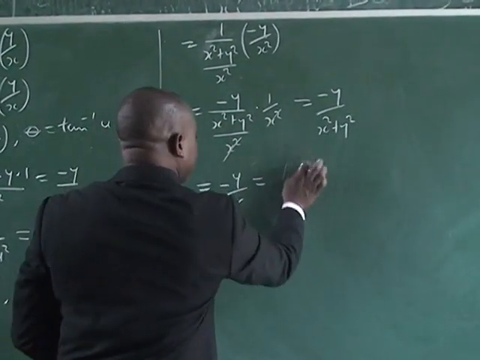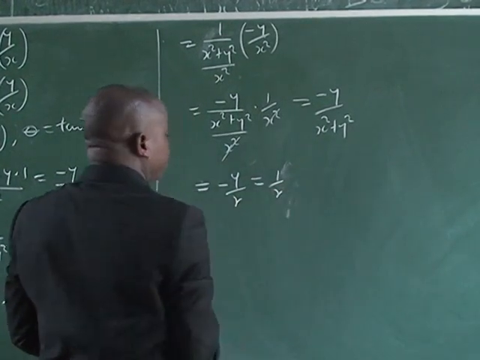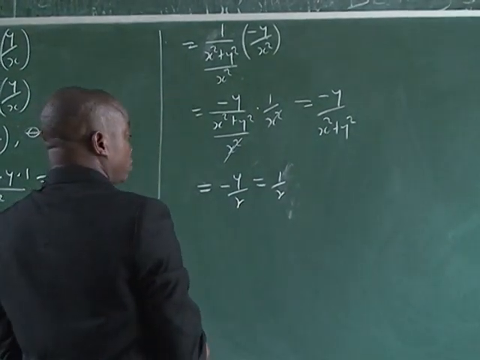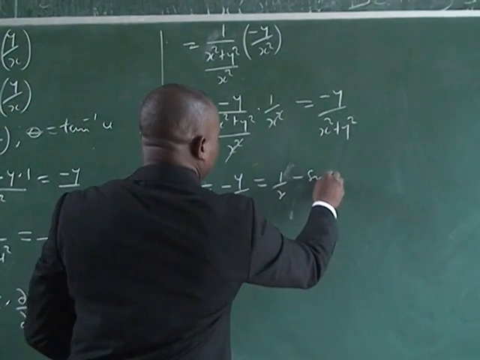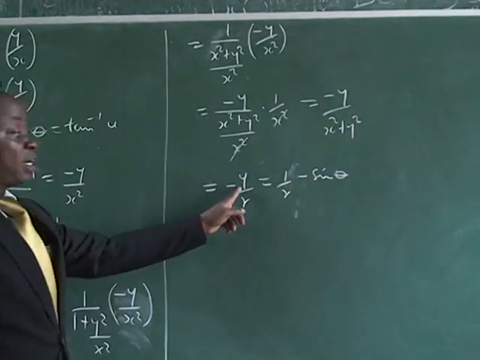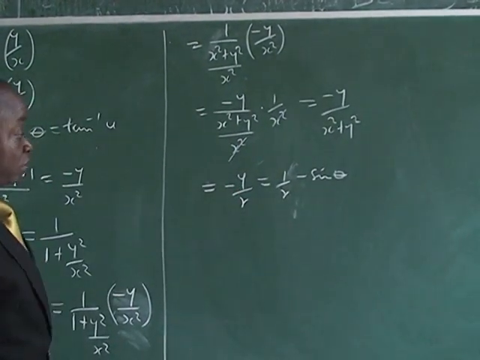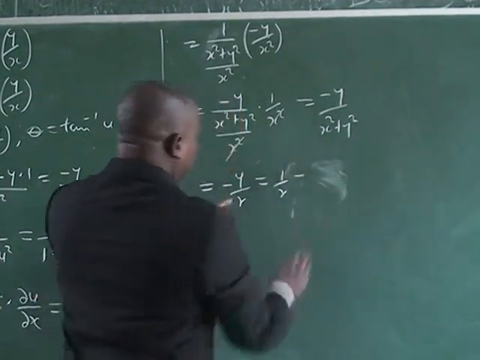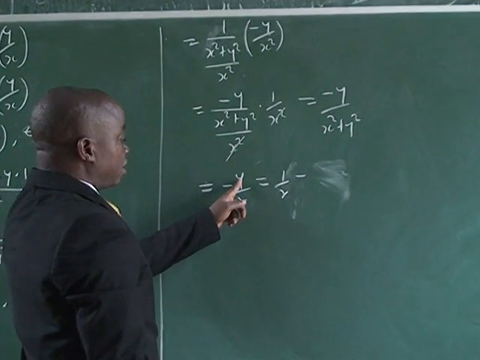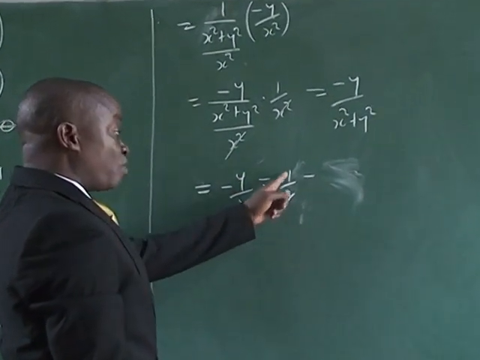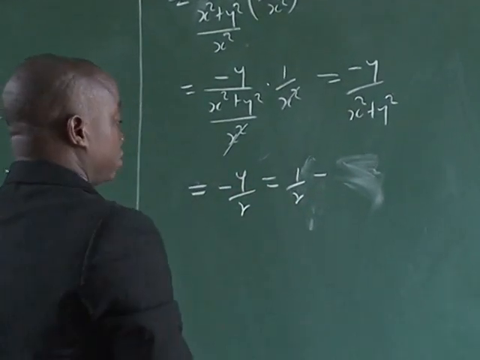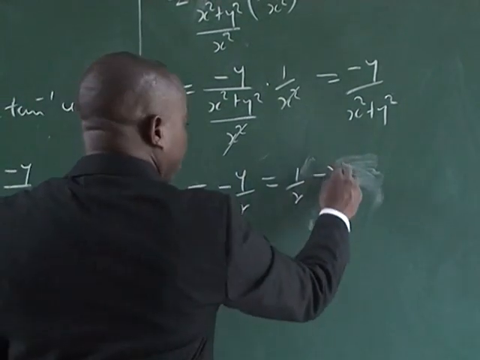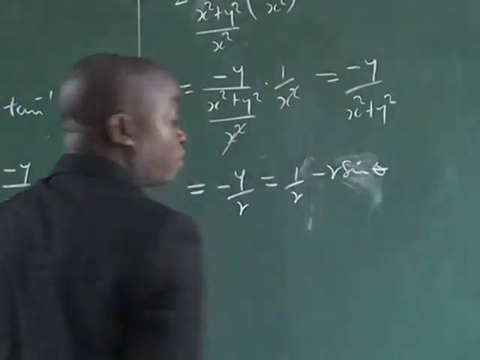You can write it as 1 over r times minus r sine theta. Why?